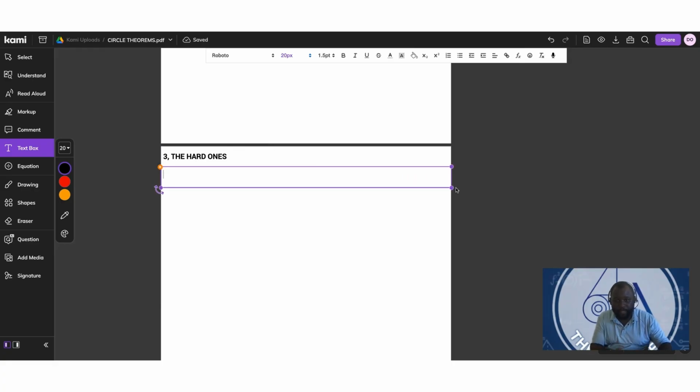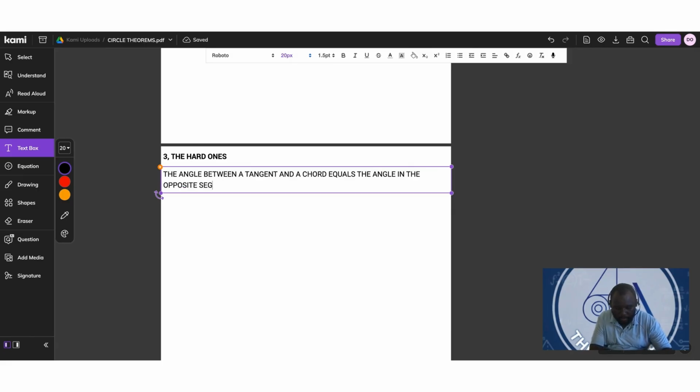The rule is very simple. The angle between a tangent and a chord equals the angle in the opposite segment.